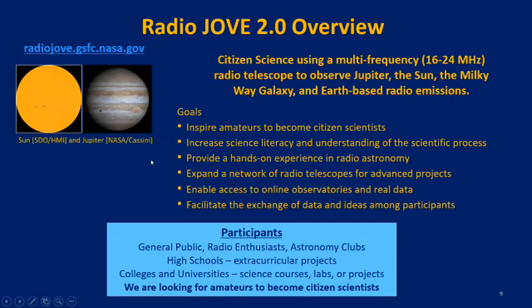So what is Radio JOVE? Radio JOVE has been around a little over 20 years. Myself and a few other colleagues started this as an education outreach project while I was at NASA Goddard. It was a simple way to build your own radio receiver and your own radio antenna to have a working radio telescope that you can actually use.